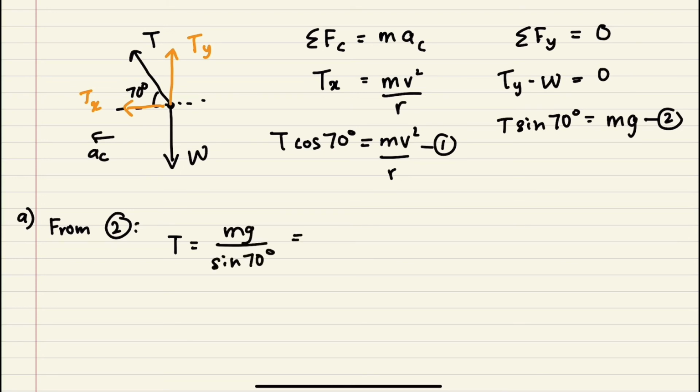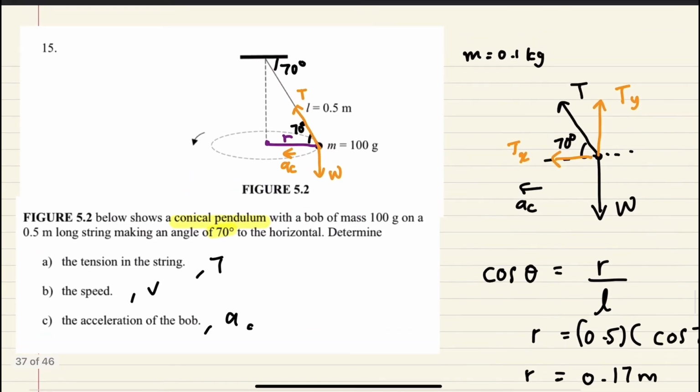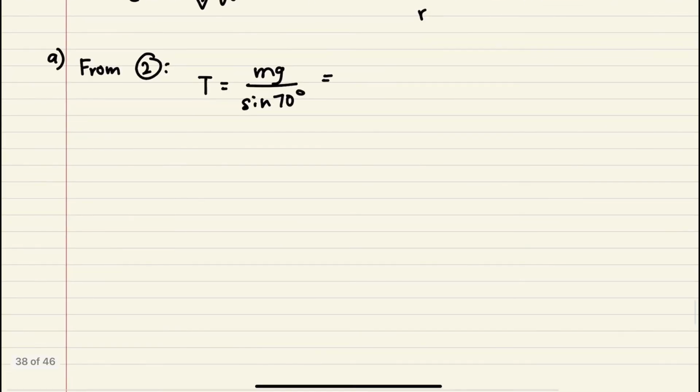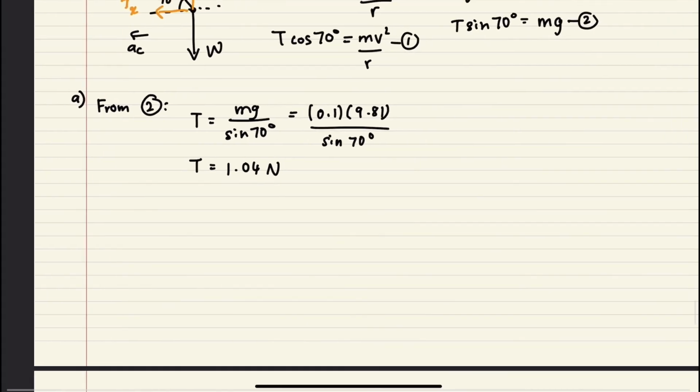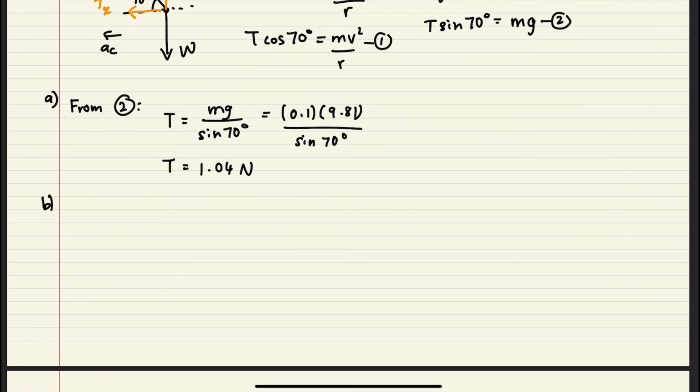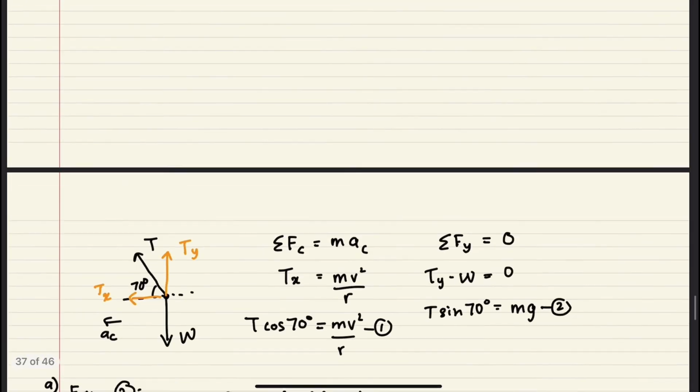The mass is 0.1, multiplied by 9.81, divided by sine 70 degrees. Your tension should be 1.04 in Newton.